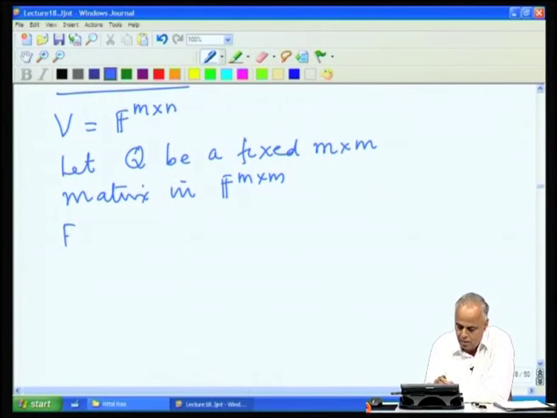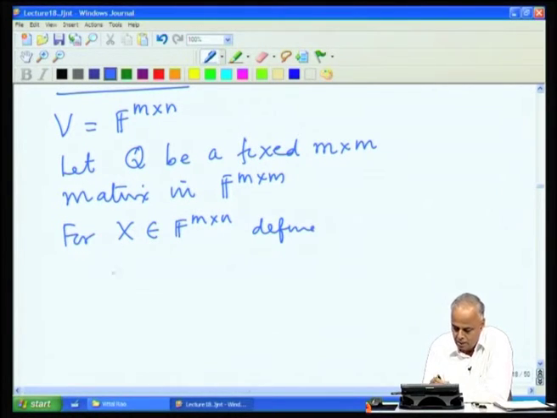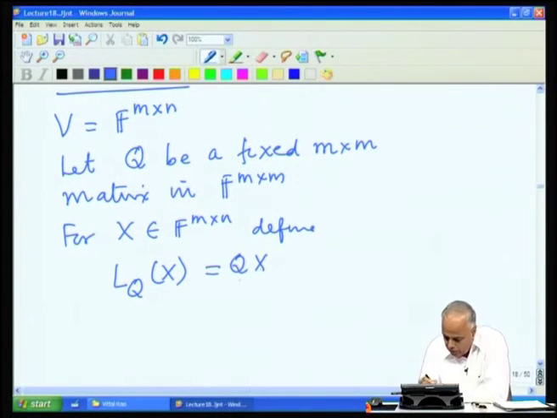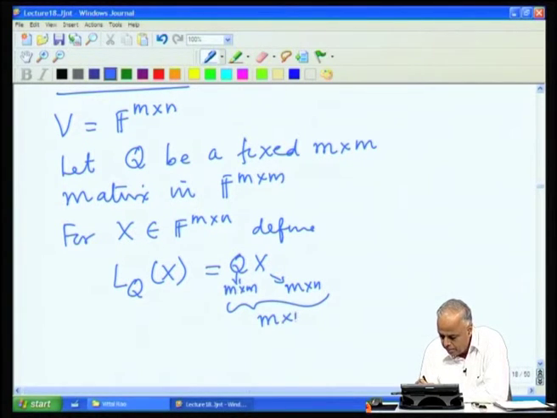Then for x in F m n, define L q of x. Again, L is left multiplication by Q x. This is perfectly okay because q is m by m and x is m by n. So, the product is going to be m by n. So, this belongs to F m by n for every x in F m by n.